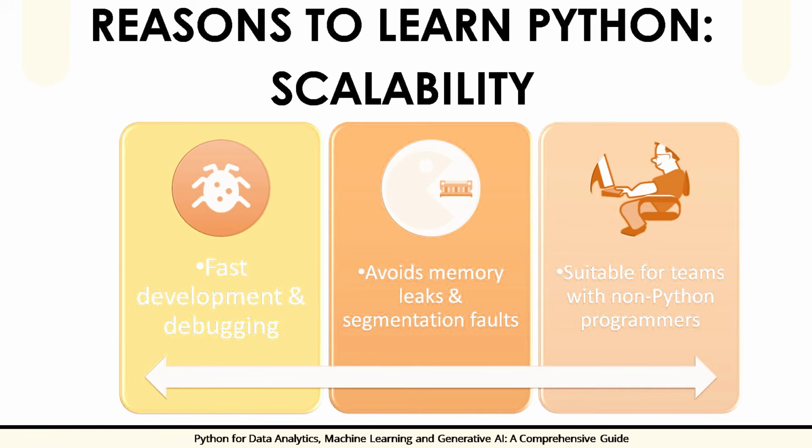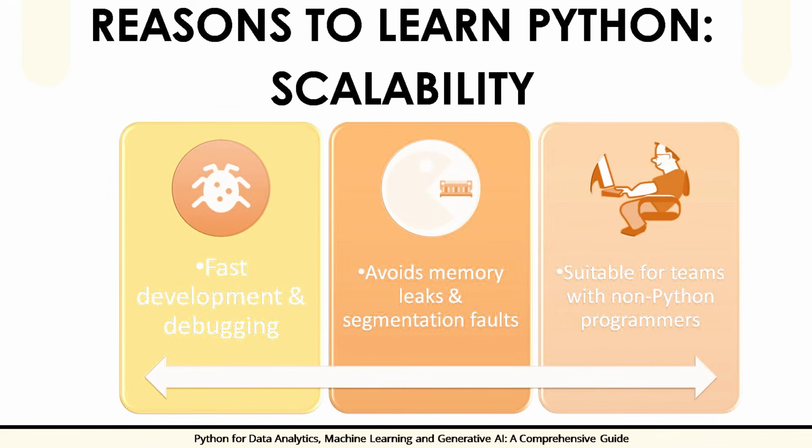Another important reason to learn Python is its scalability, meaning it can be used for small scripts as well as large complex projects. Python also supports fast development and easy debugging, which allows developers to build applications quickly and fix errors without much hassle.